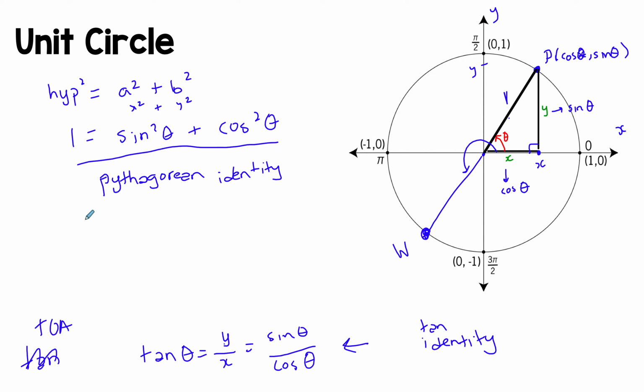So you can use it such as, say, sine squared theta equals 1 minus cos squared theta. And that's a different way of just rewriting this. And you might use this change of subject way to solve equations. So these are the two main identities you're usually introduced to, and they all come from the unit circle.